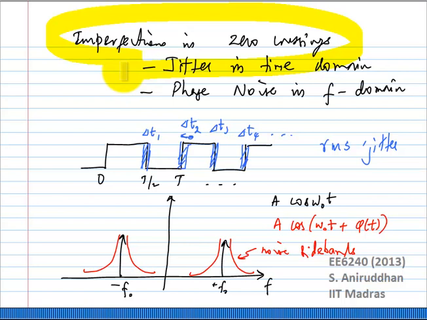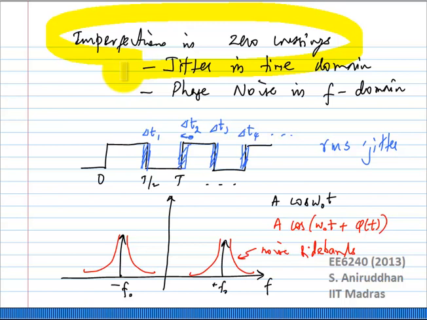More importantly, we are very interested in random imperfections. There may be a systematic imperfection, maybe some duty cycle error, which will cause some systematic problem. But the random problems will be even more significant.